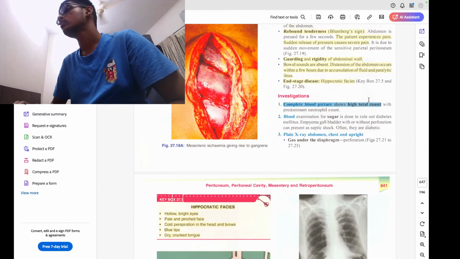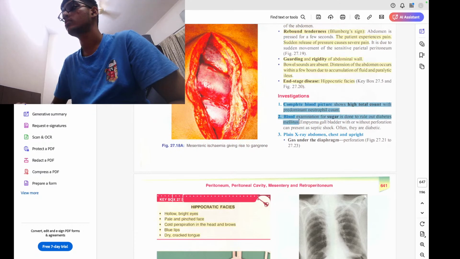Complete CBC, looking for predominant neutrophil count; blood sugar is done for diabetes; X-ray and total count.